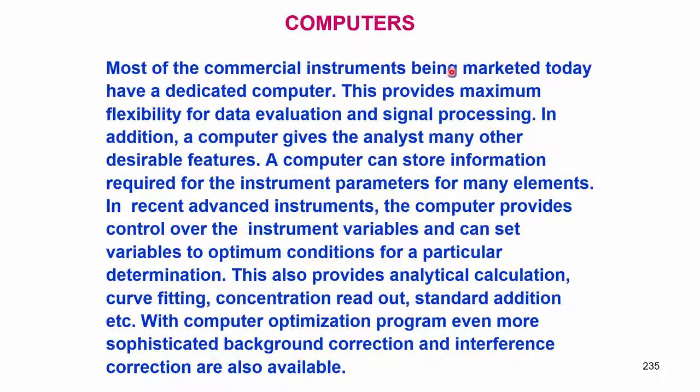For every element you want to determine, you need a hollow cathode lamp. So, what is the resonance line of the hollow cathode lamp? How many lines are there, which one to be chosen?